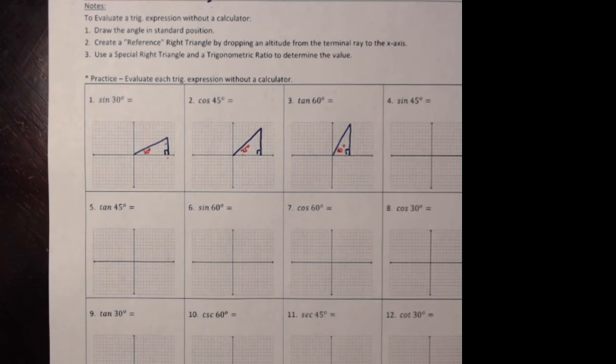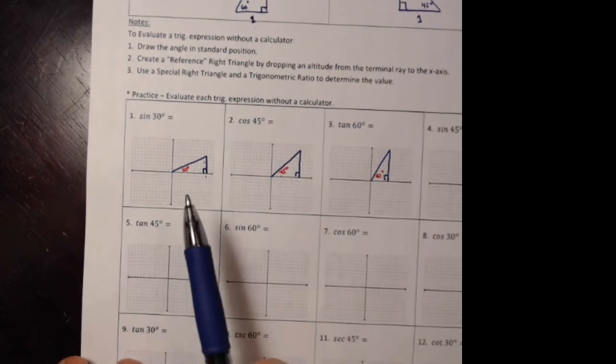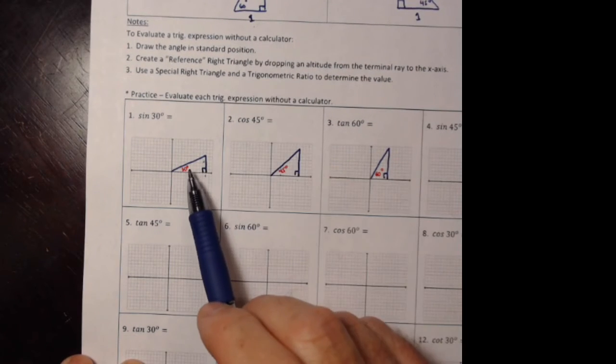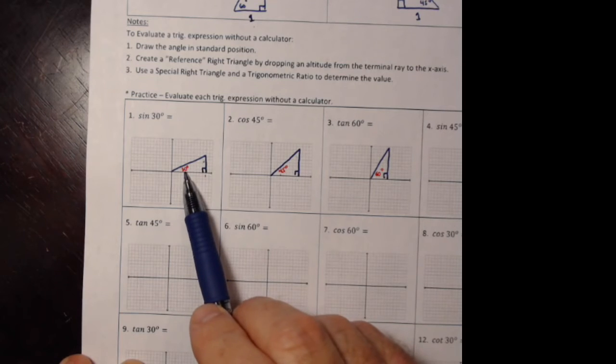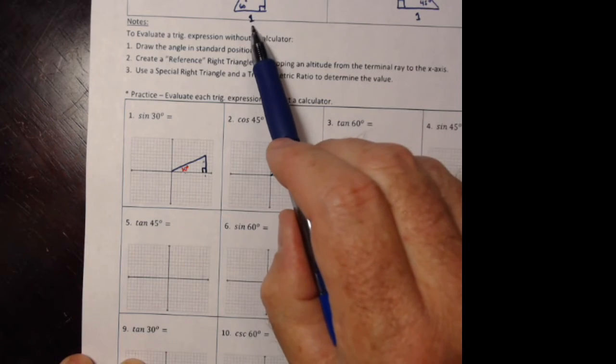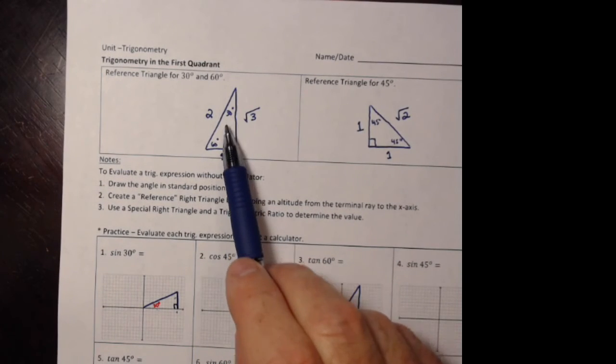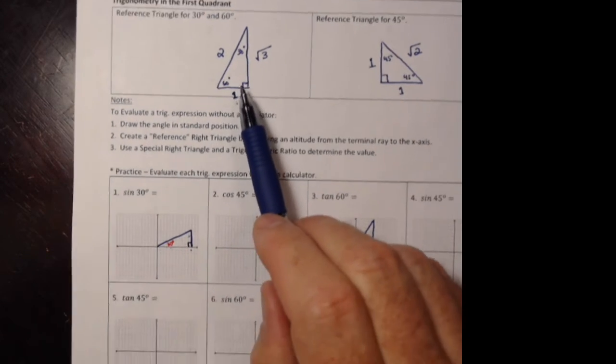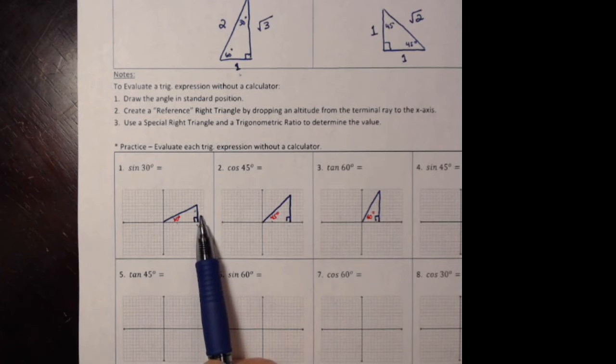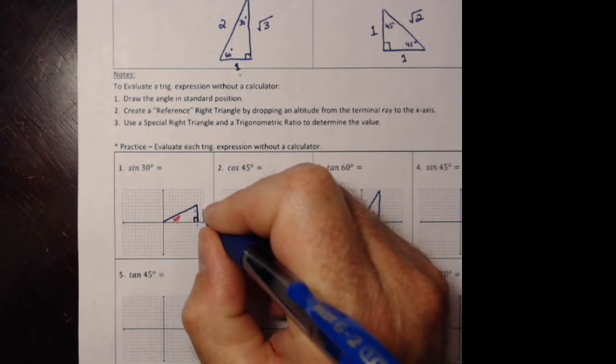So the next thing we're going to do is identify the sides on the reference triangle. So let's see, if that's 30, opposite that is the short leg. So I'm going to go opposite here. I'm going to label this side 1.